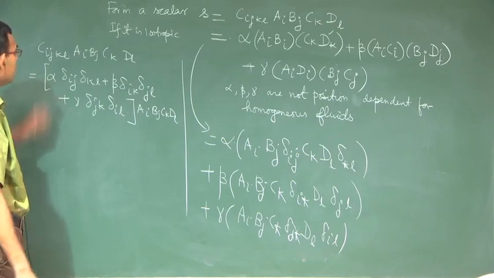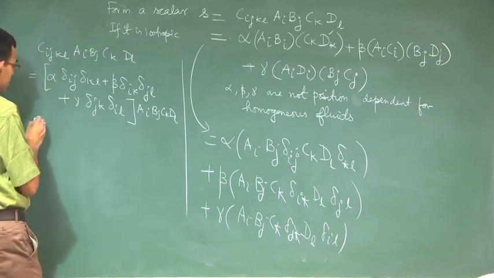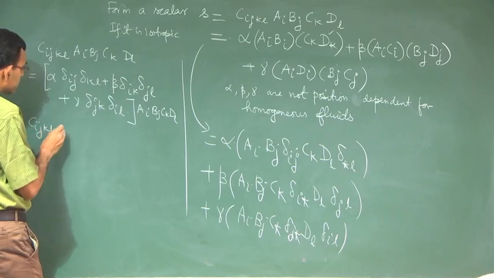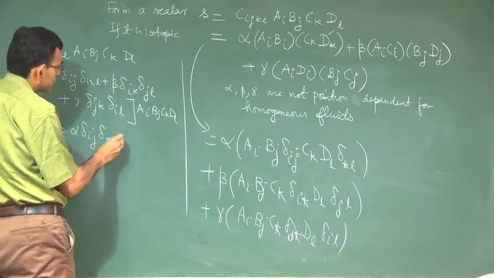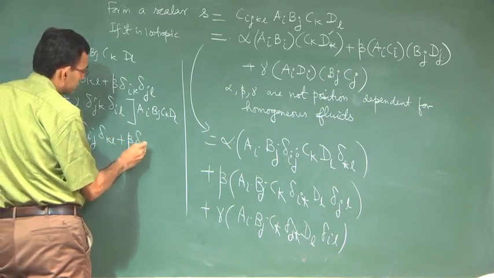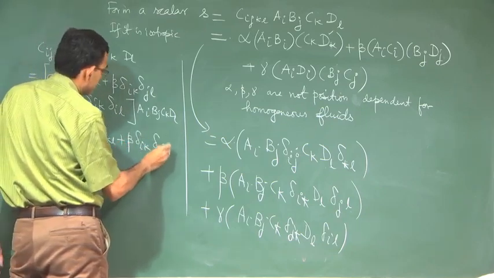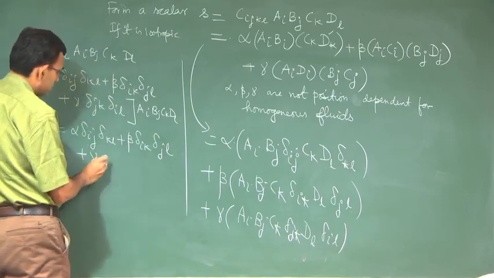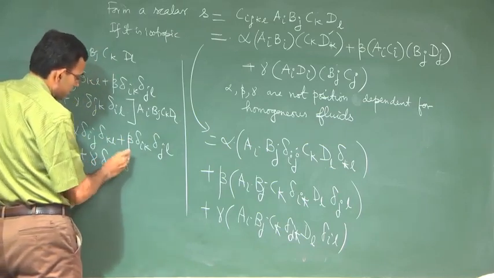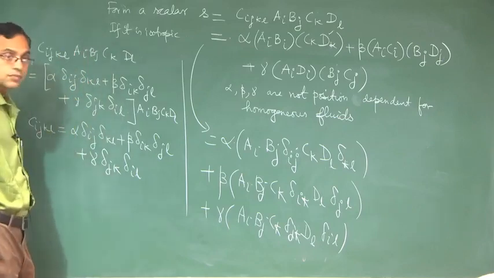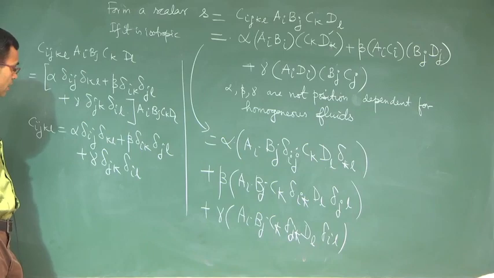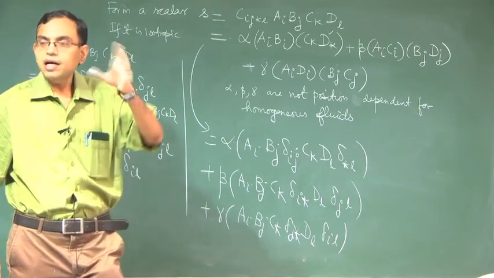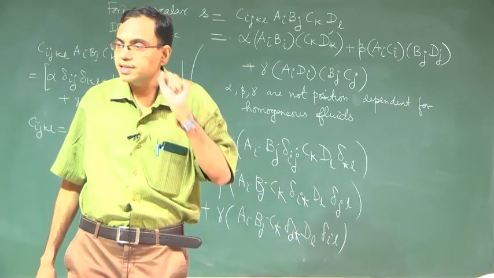That means by comparing these two you can write Cijkl. Now tau ij and tau ji, their deviatoric components are the same.